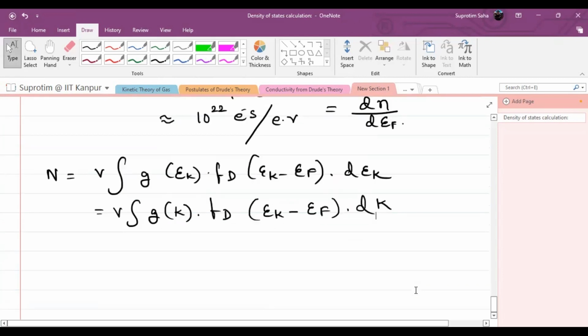So now, what does this term g(E_k) times the Fermi-Dirac distribution mean?